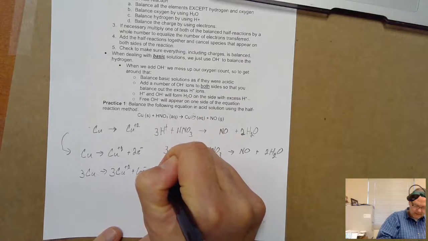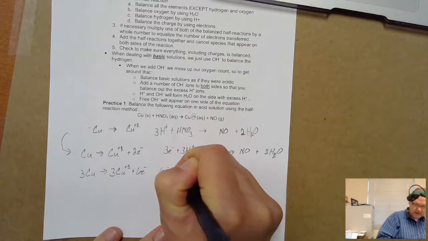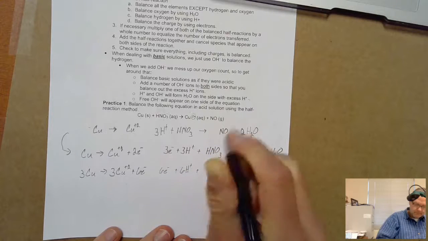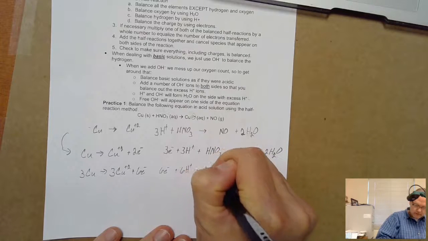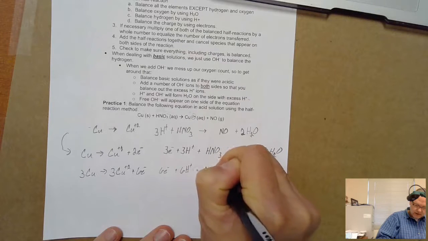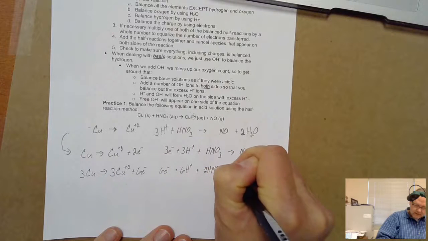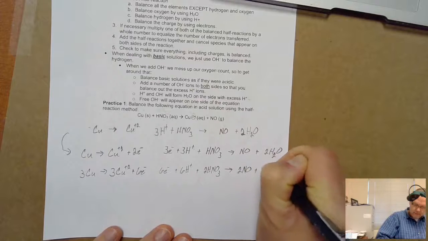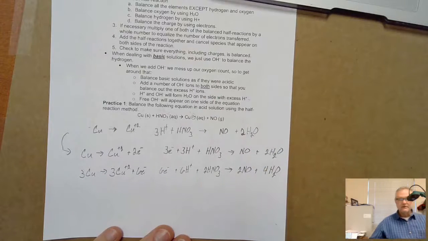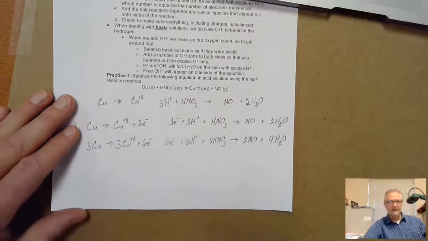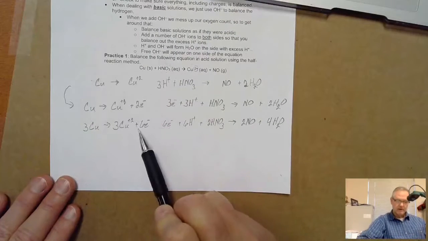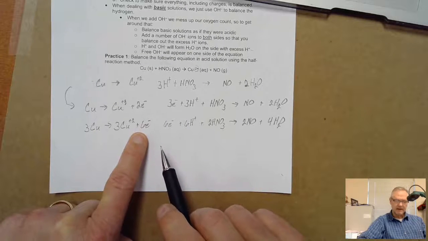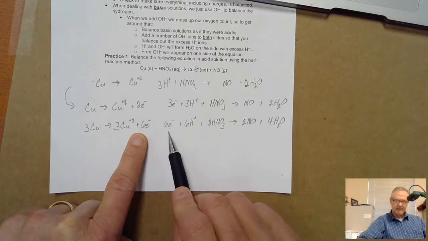So when I multiply 2 through it, I get 6 electrons plus 6 hydrogens plus 2 HNO3s yielding 2 NOs and 4 waters. So when I look at this, all of a sudden my electrons are the same. I have 6 in my reactants and 6 in my products.